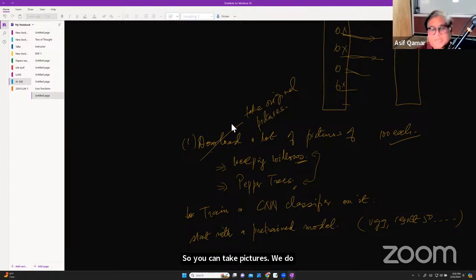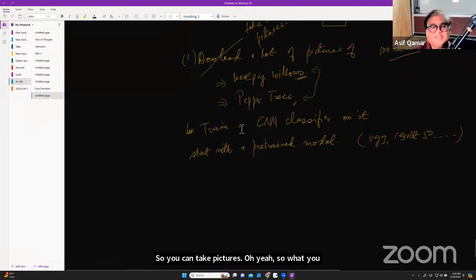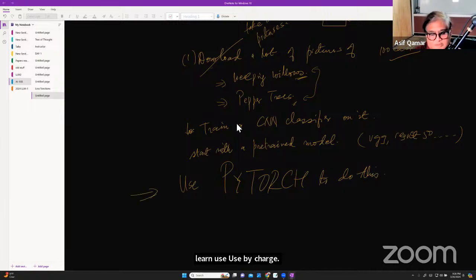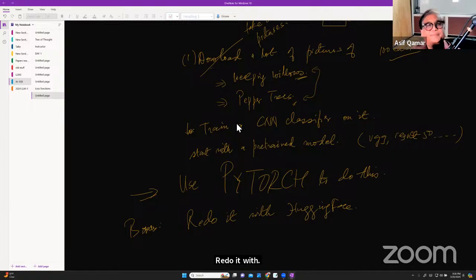Oh yeah, so what you will do is you'll create a data set, and this is where you'll learn to use PyTorch. Use PyTorch to do this, and bonus, redo it with Hugging Face, but not needed actually.